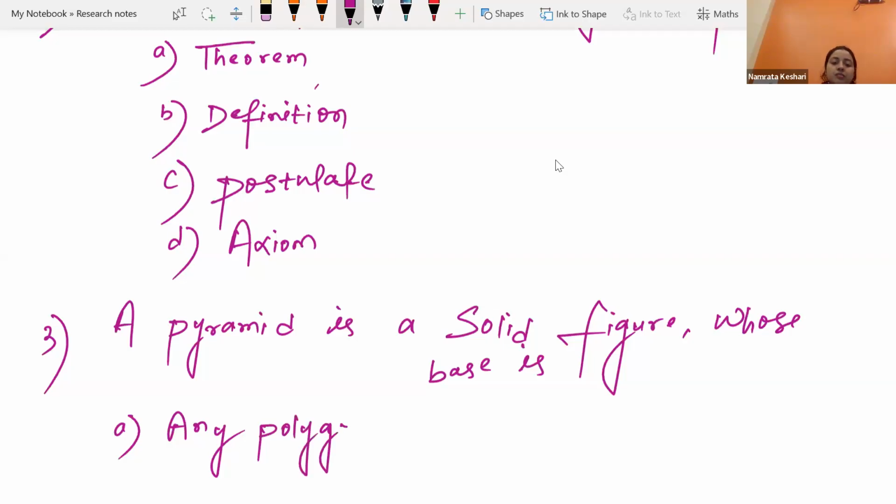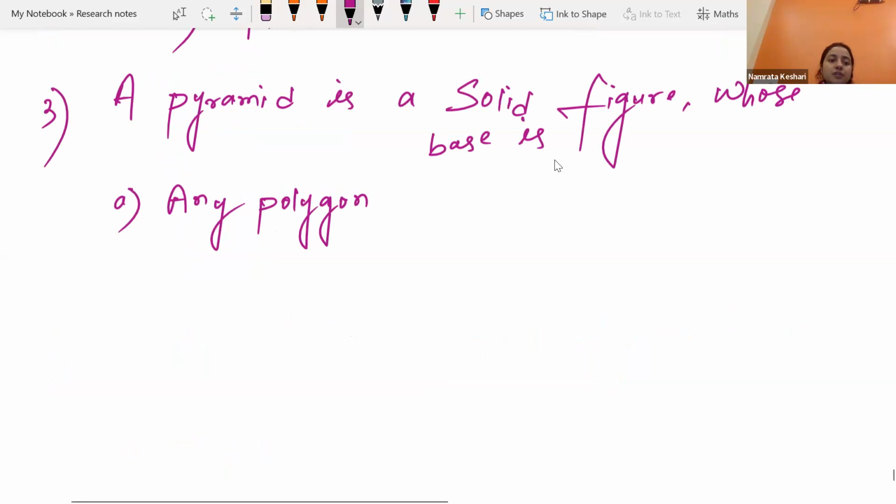We need the proof of a theorem because a definition is just a definition. Postulates and axioms are universal truths, so proof is not required.